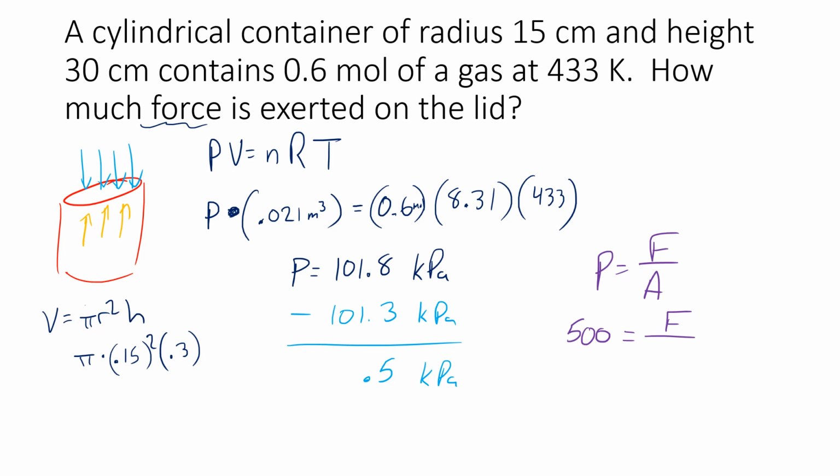The area is going to be pi r squared, with your radius 0.15 meters. All right, so we're going to plug that in, solve for F. The force that you need to keep this shut, to keep the lid from flying off, is going to be 36 newtons. All right, now that makes sense.